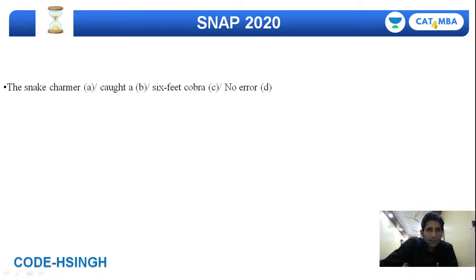Okay, look at this question. The snake charmer caught a 6 feet cobra. Vipul says B option.